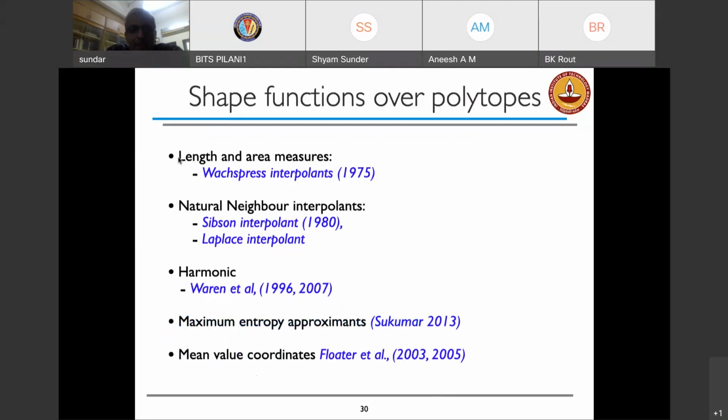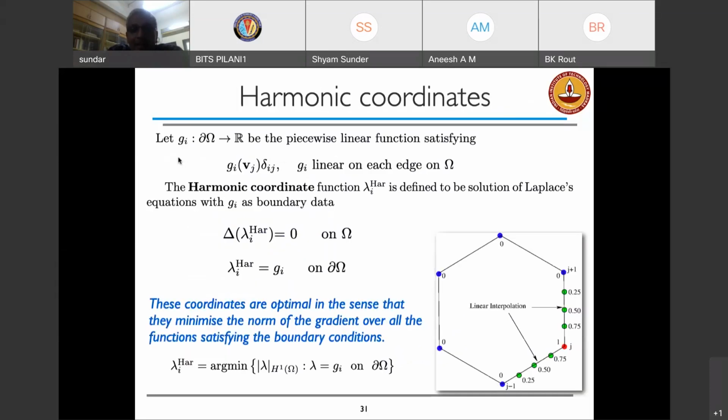So here I would just like to quickly touch upon one particular way by which you can write the basis function, which is by harmonic functions. Harmonic functions or harmonic coordinates are very easy to visualize. They can be obtained by solving a Laplace equation on any particular region with certain boundary conditions. Right.